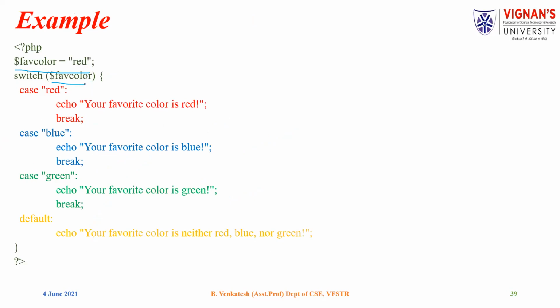Here we are checking whether the variable is red or not. Yes, your favorite color is red. If it is blue, your favorite color is blue. If it is green, your favorite color is green. Echo, your favorite color is neither red, blue, nor green.